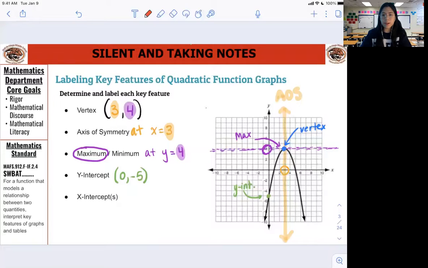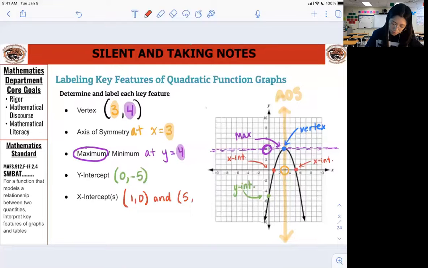All right, let's see. Alyssa, can you share it either out loud or just type it publicly in the chat for us, please? 1, 0 and 5, 0. So same thing, like I just said, make sure you give me the full coordinate point. In this case, it's 1, 0 and 5, 0. There's 2 of them.